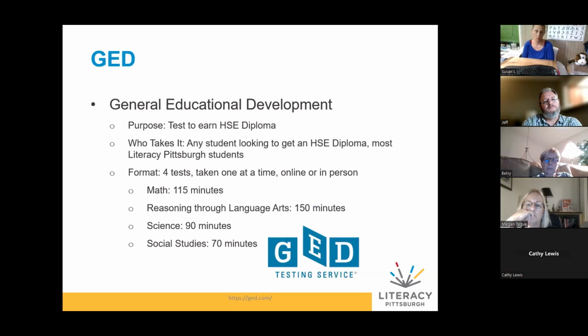Almost all Literacy Pittsburgh students that want to get their diploma are taking the GED. So it is 4 tests that are taken one at a time, either online or in person. There's math, reasoning through language arts, which is the reading portion, science, and social studies.